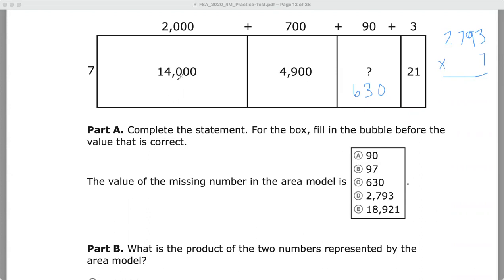What we can do is add the area numbers together. So 14,000 plus 4,900 plus 630 plus 21.